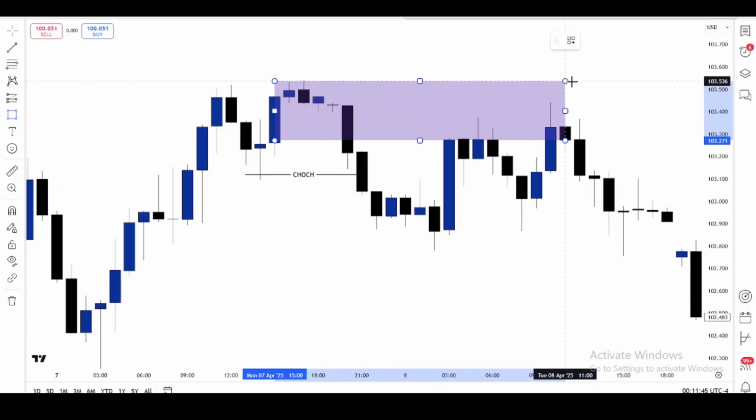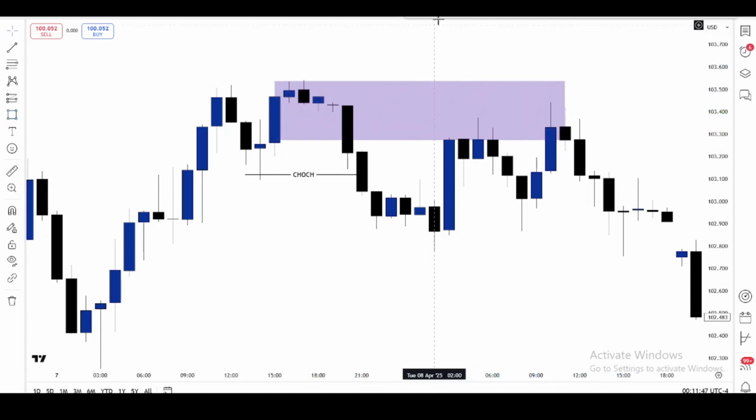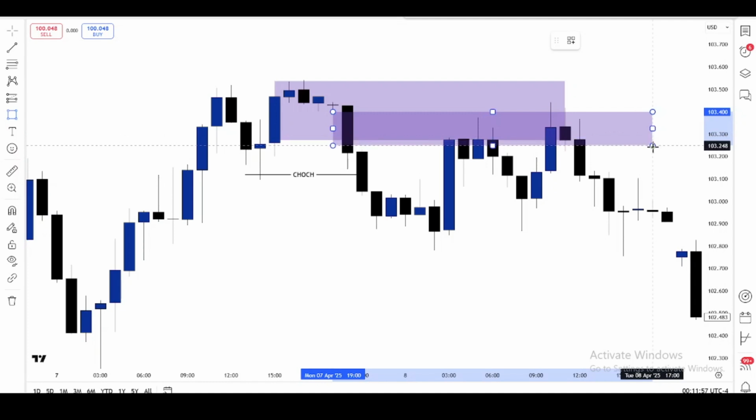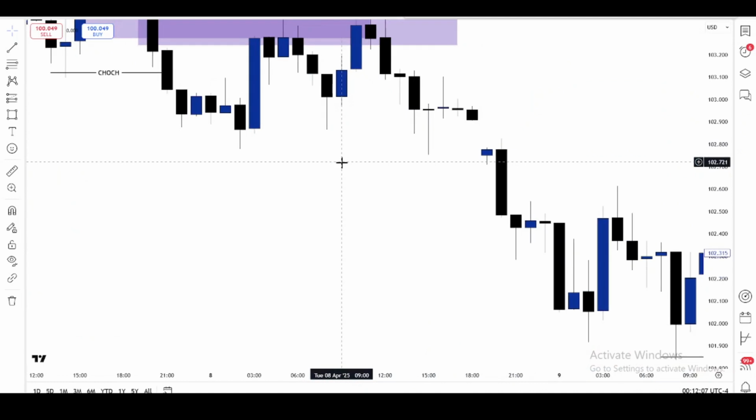This one here also has a fair value gap close to it, and it reacted off this fair value gap here. It traded up to this point the first time, came back up again, took out liquidity here, and started dropping all the way down.